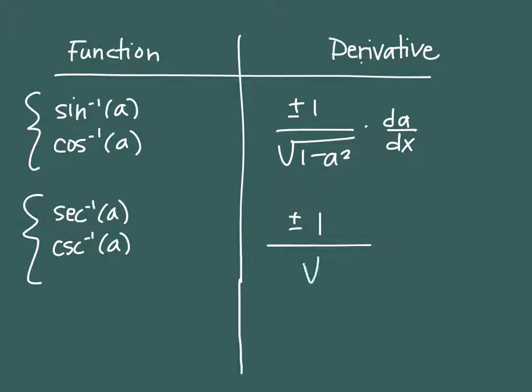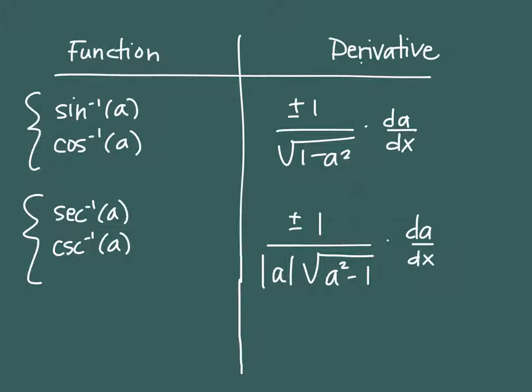Leave a little space in front of the square root. This one has a square root, but it has something in front of it. This one's A squared minus 1 instead of 1 minus A squared, so it's backwards. And then it has the absolute value of A in front of it, times the chain rule, the derivative of whatever the value of A was in the parentheses.